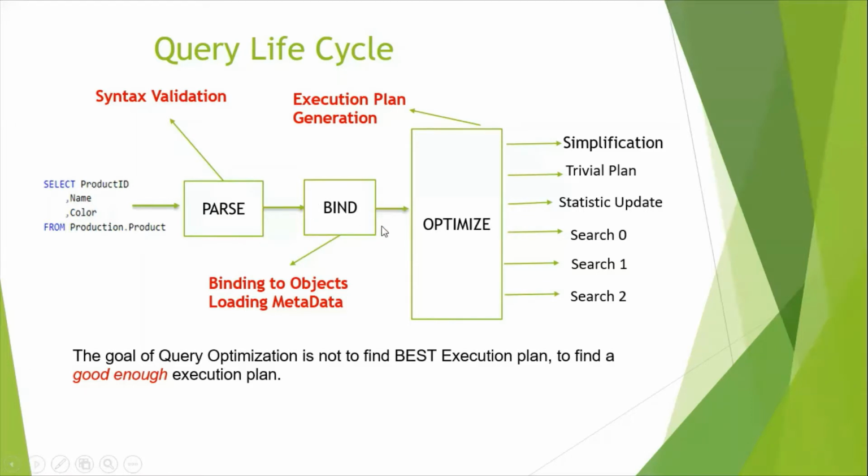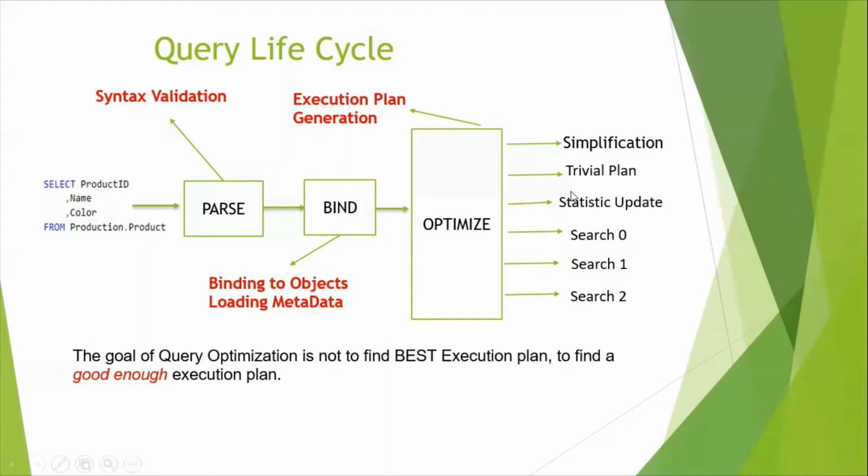Once this is done, it will create a query tree. I told you about the query tree, right? It is a kind of normalizing the query into multiple segments, and it will pass that to the query optimizer. The query optimizer is the heart, where it creates a plan for the query by searching multiple optimization levels.